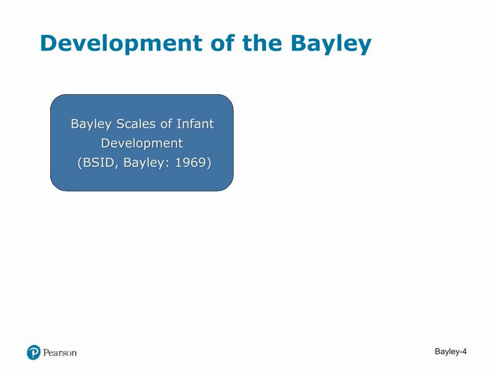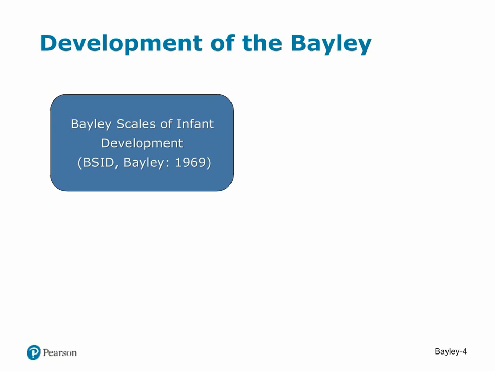Based on her work at Berkeley, Dr. Bayley had published the California First Year Mental Scale in 1933 and the California Infant Scale of Motor Development in 1936. These were the precursors to her 1969 Bayley Infant Scales.